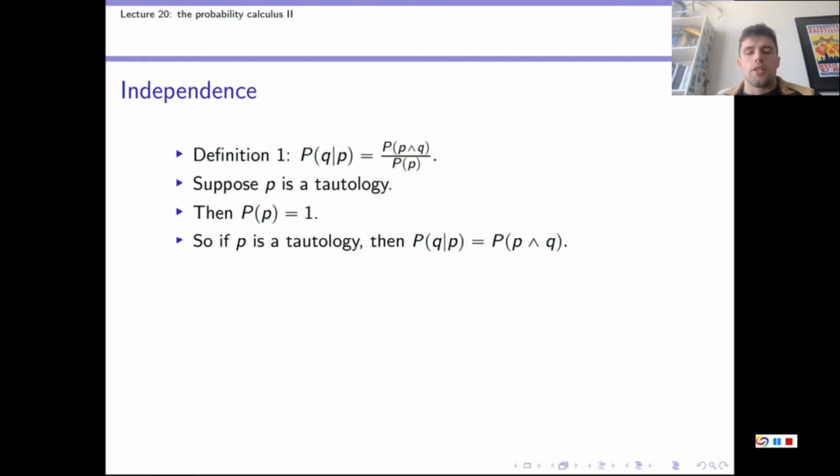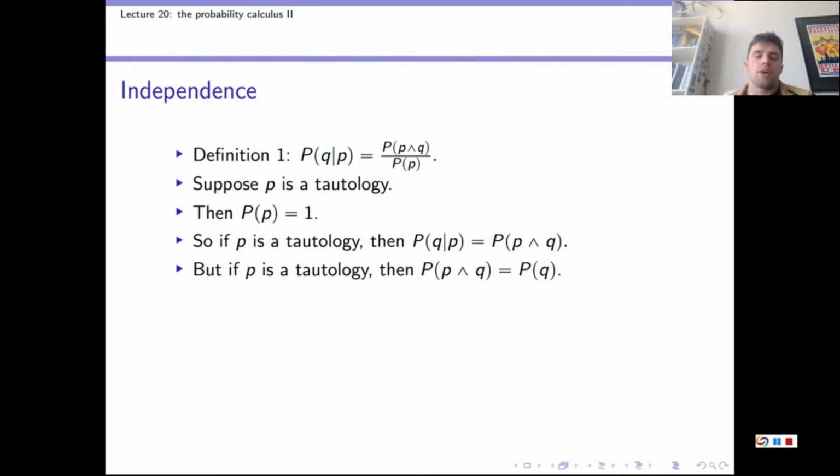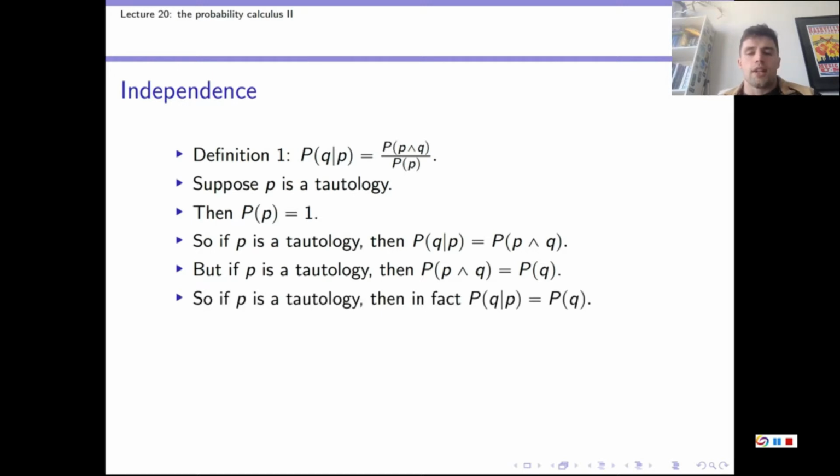The next thing we notice is the following fact. If P is a tautology, which we're supposing it is for the moment, then the statement P and Q is logically equivalent to the statement Q, and this can be checked using truth tables. So if P is a tautology, our expression simplifies again. We can replace the right-hand side with just P(Q), because P and Q is logically equivalent to Q when P is a tautology, and we know that logically equivalent statements are assigned the same probabilities.